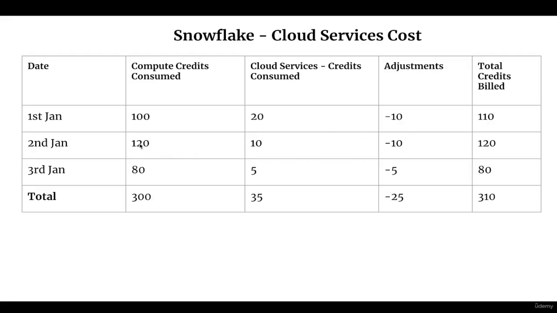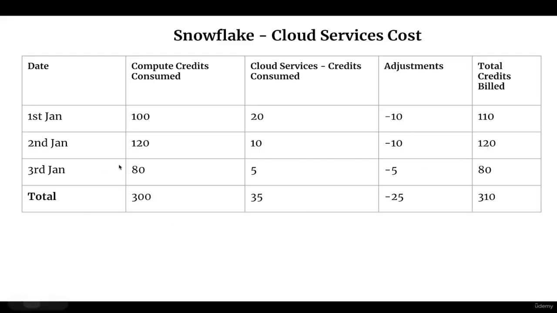Now, let's say on the 2nd of Jan, your compute credits consumed was 120 and cloud services cost you 10 credits. Now, 10 is, I believe, 8.4% of 120 or 8.3%, something like that, which is less than 10%. So the entire consumption is slashed. You will not be billed for your cloud services at all.